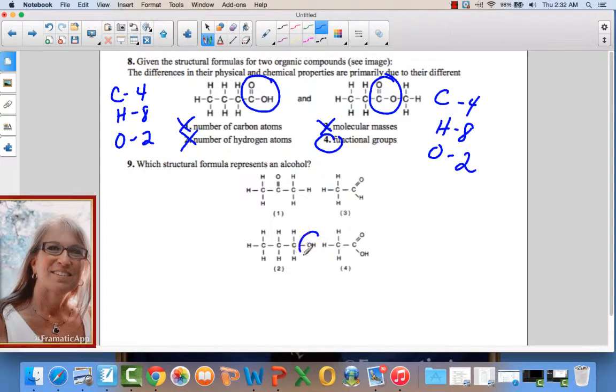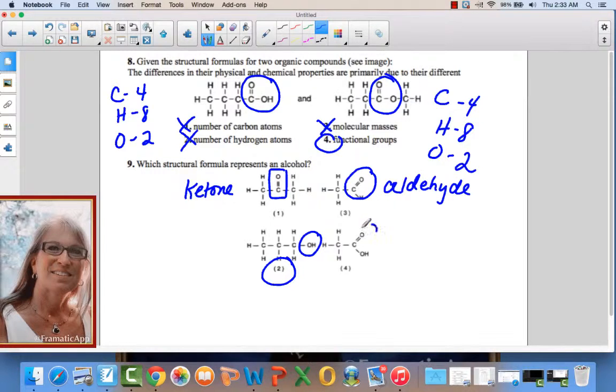Here it is right here on number 3. Just to review, a double bonded oxygen in the middle of a chain is a ketone. A double bonded oxygen on an end carbon is an aldehyde. And your COOH ending is your organic acid.